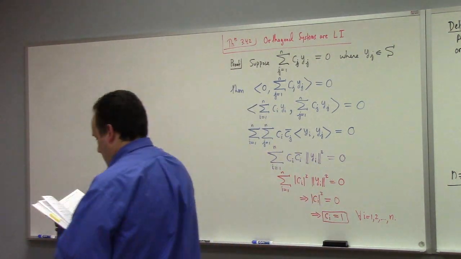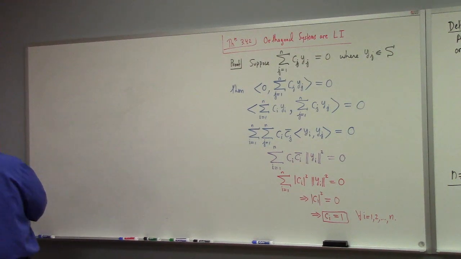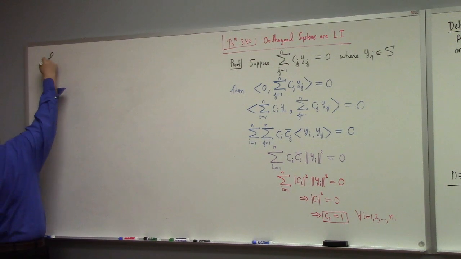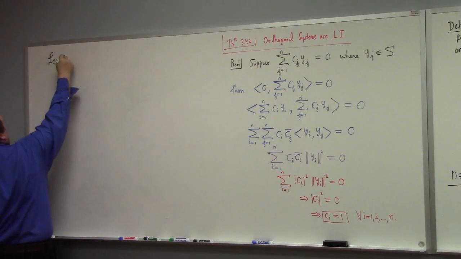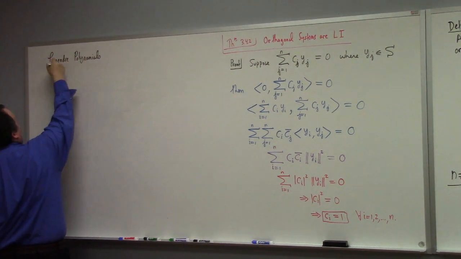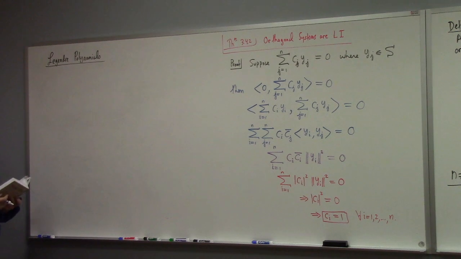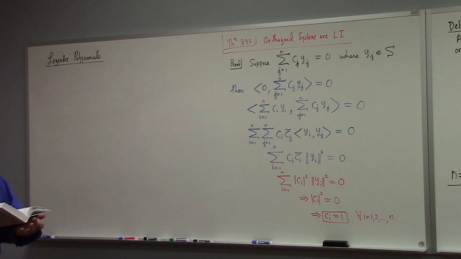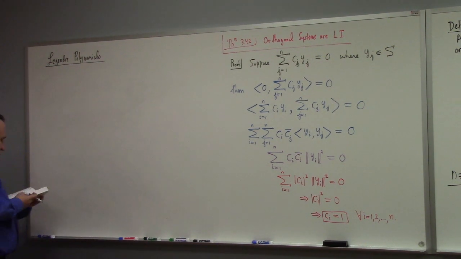All right, so the Legendre polynomials. By the way, this is the first of many examples of what are called orthogonal polynomials. There are tons of different kinds of orthogonal polynomials, and they all tend to be tailor-made to solve a particular differential equation. But this one here's the definition.